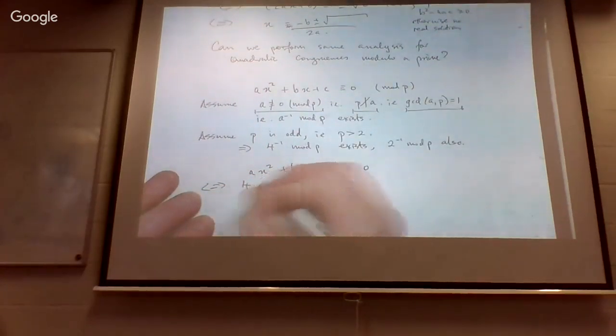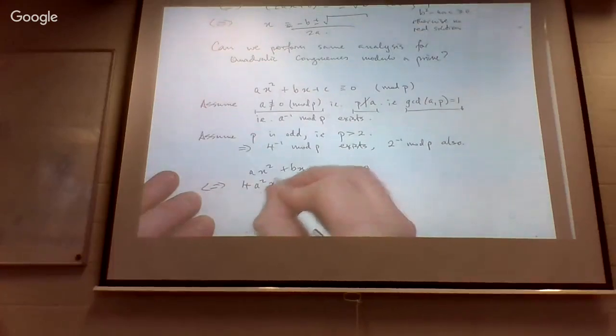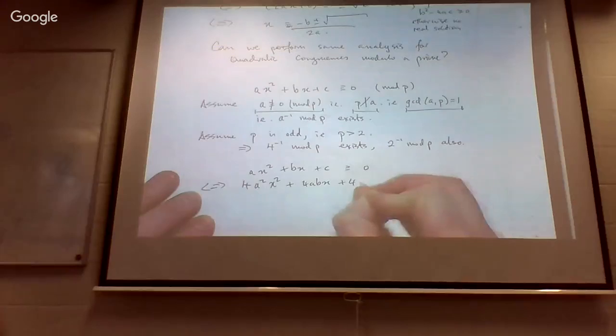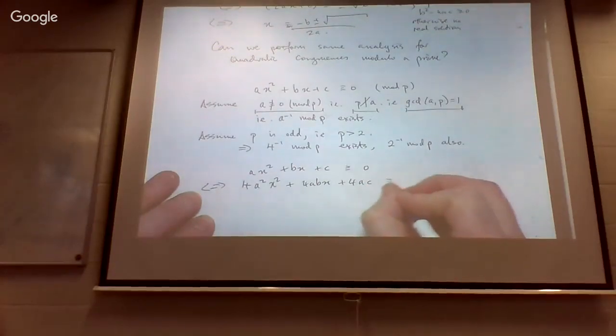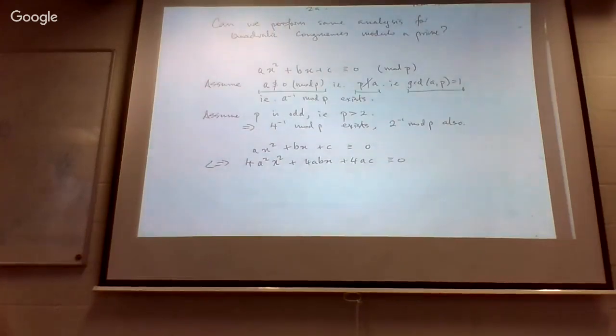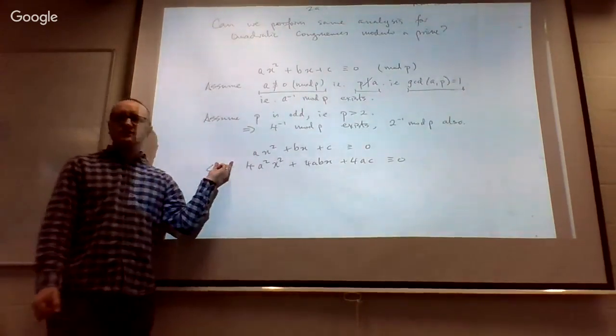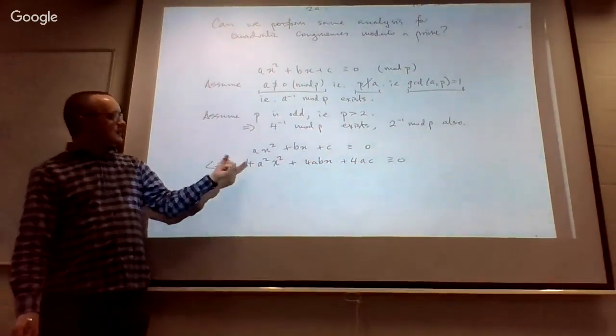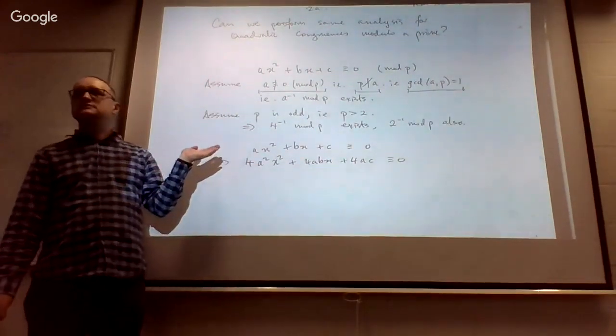So my ax squared plus bx plus c being congruent to 0 is equivalent to, I can perform the same step, 4a squared x squared plus 4abx plus 4ac being congruent to 0. Now, what justifies this equivalence? What justifies the equivalence is that each statement implies the other. And that's true because 4a is invertible.